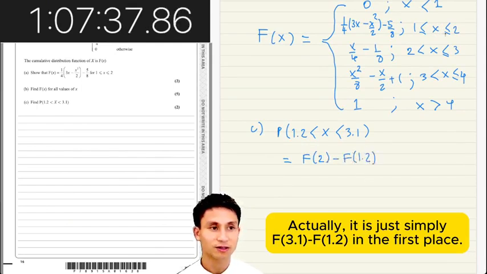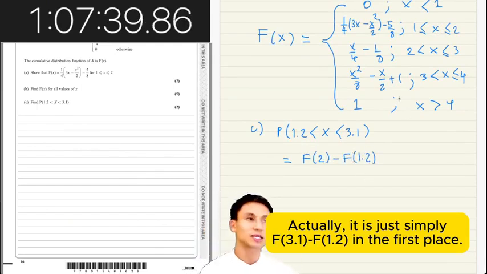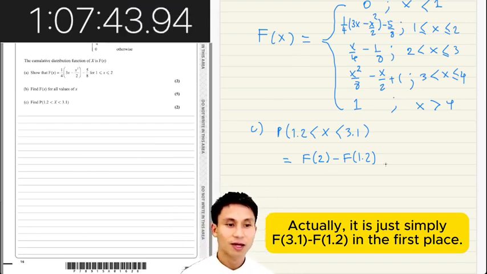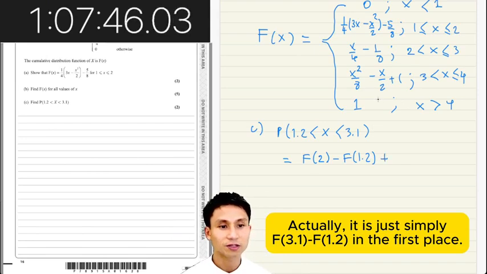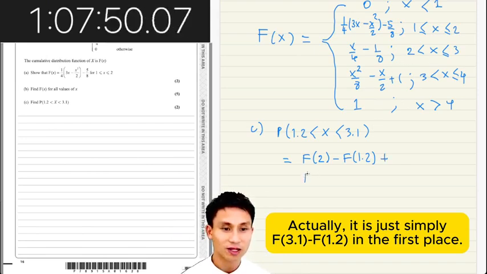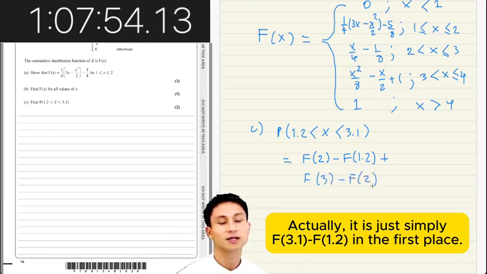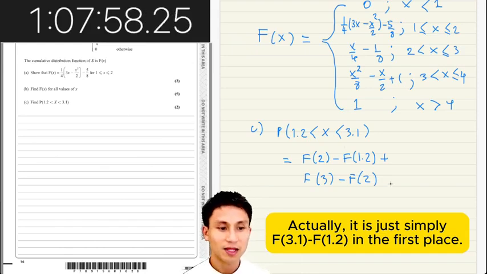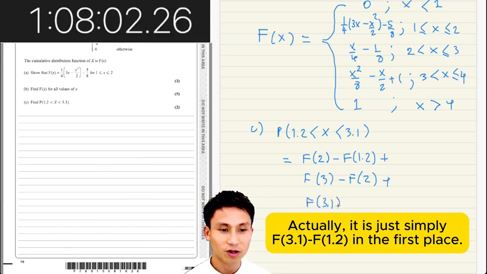That's the first part, because we can't jump to the next one since it's not continuous, right? And then the next part would be 2 to 3, so that's entirely the whole range there. So we can do f(3) minus f(2) for that next part. And then the other part is from 3 to 3.1, so we have to do that. Okay?